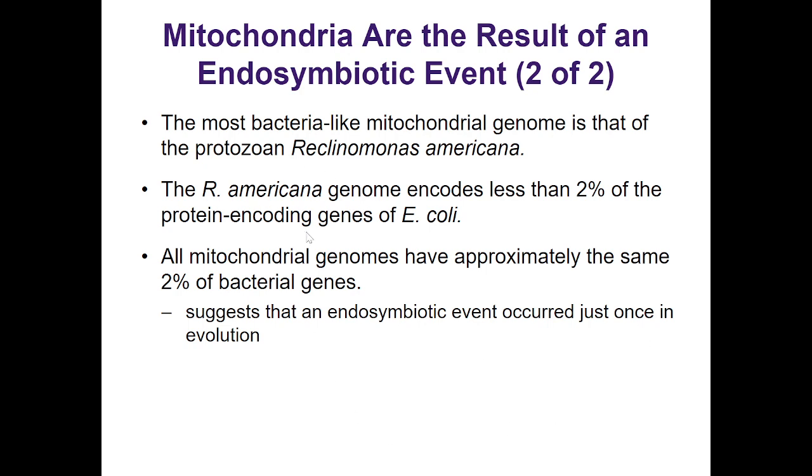The R. americana genome encodes less than 2% of the protein-encoding genes of E. coli. All mitochondrial genomes have approximately the same 2% of bacterial genes. This actually suggests that the endosymbiotic event occurred just once in evolution.